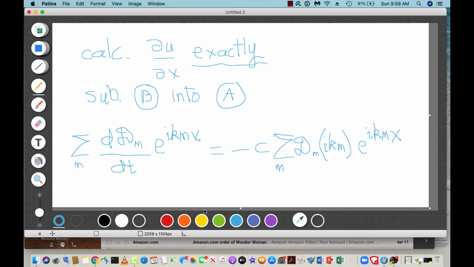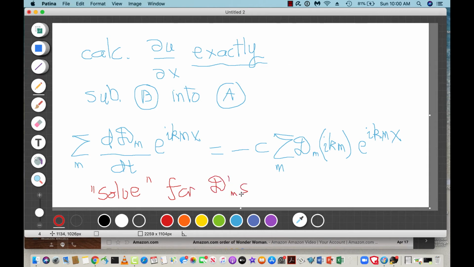All right, now, as I mentioned, these pieces are known, the e to the i k_m x pieces are known, but what is not known is the expansion coefficient. So what we're going to do is ultimately solve for the D's in this problem.